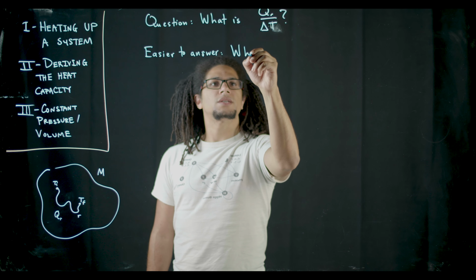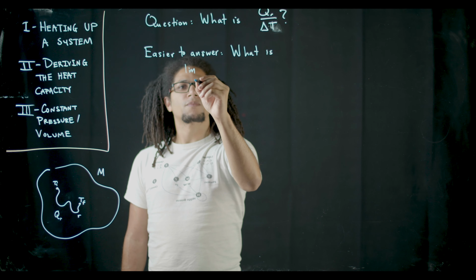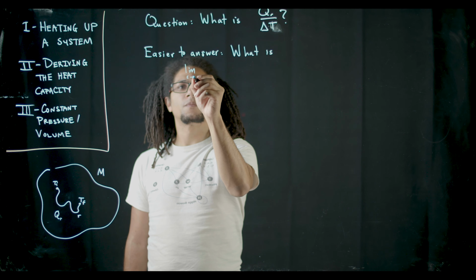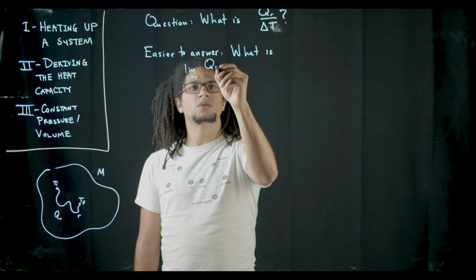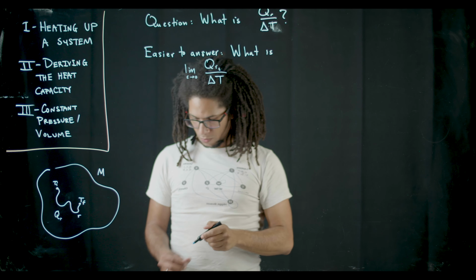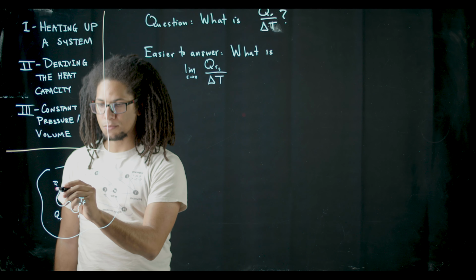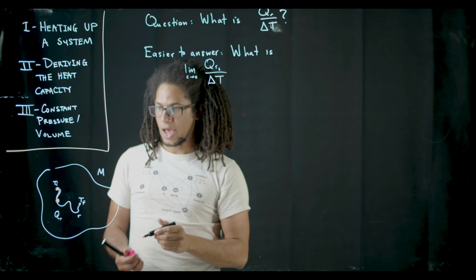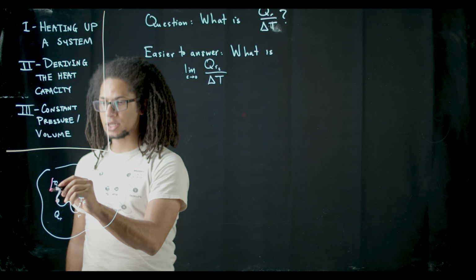What is the limit as, let's say, epsilon goes to 0 of Q sub R sub epsilon over delta T, where now we're going to say the path R sub epsilon only completes the first epsilon part of this path. And in the limit, this is going to tell us what is this change right at this initial point.